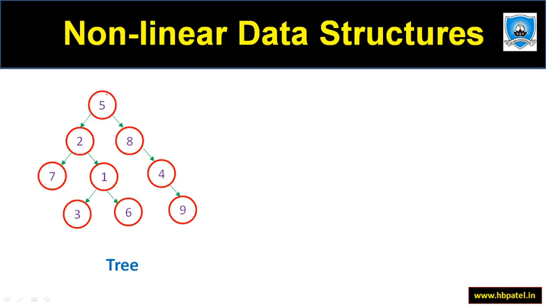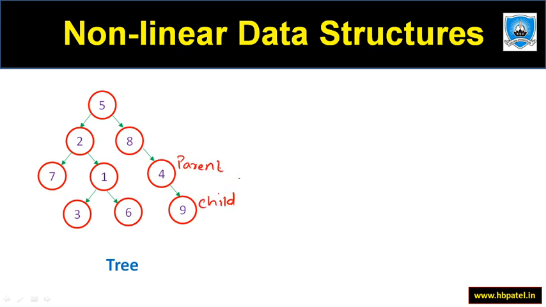Same way, this 5 is a parent node, and 2 and 8 are children. So this is child 1 and this is child 2. Same way for another example, if you take this 4, 4 is a parent for this 9.